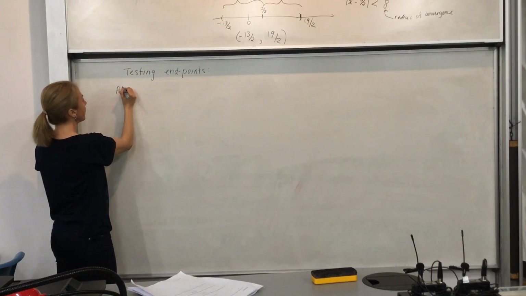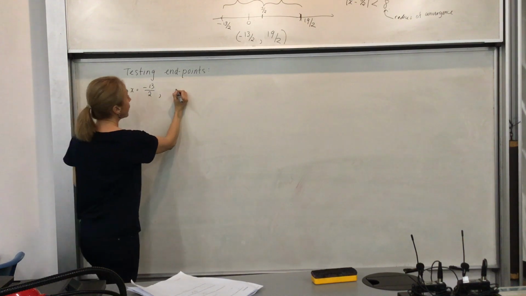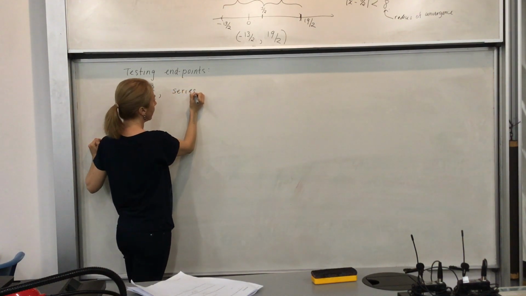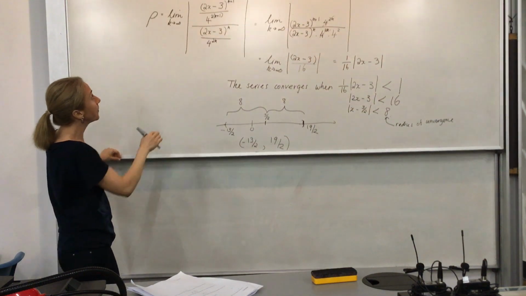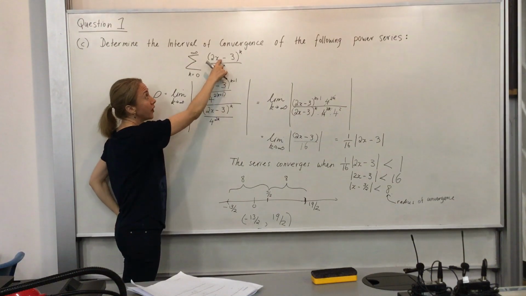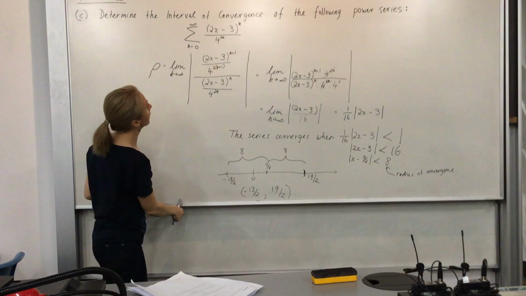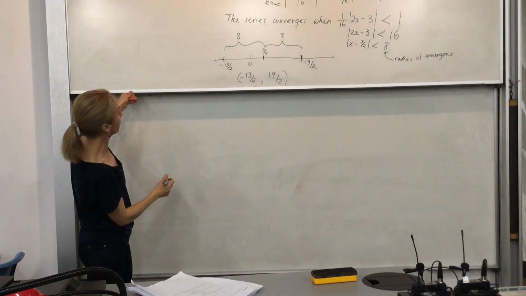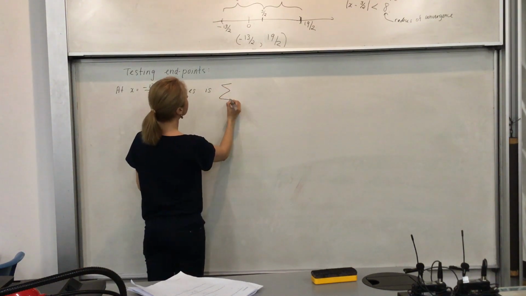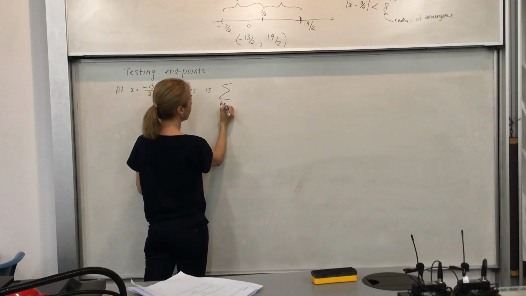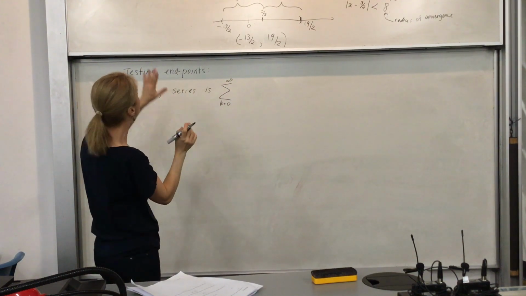So at x equals minus 13/2, the series is, so we're going to take our series and substitute in for x the value in question, which is minus 13/2. So the general term now looks at the sum for k equals 0 to infinity of (2x minus 3).